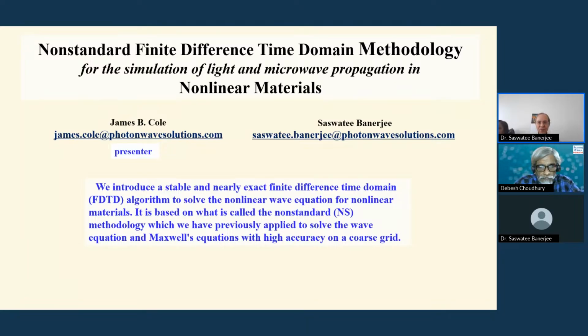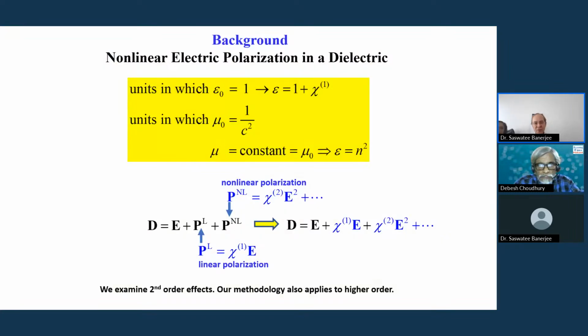But first, I'd like to go to the next page down. I'd like to give you some background about nonlinear Maxwell's equations. I'm going to use some unconventional units that make the equations a little simpler.